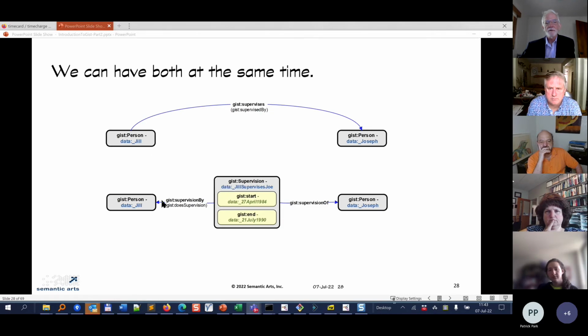On the basis of this supervision being true, where somebody supervised somebody else over this time period, you can infer that there's a triple supervises. And then you can have a property that says most currently supervising or things like that. So you can have both for a period of time.